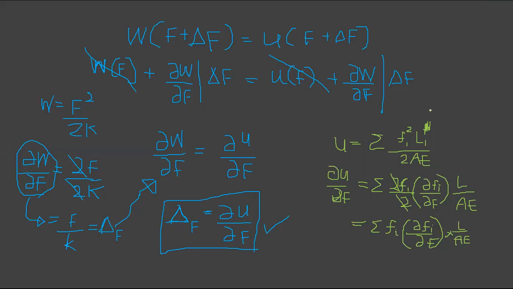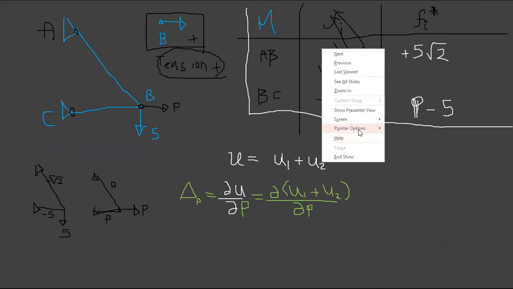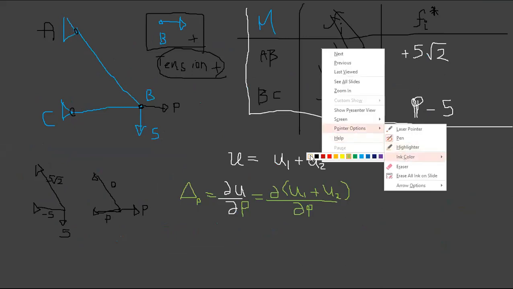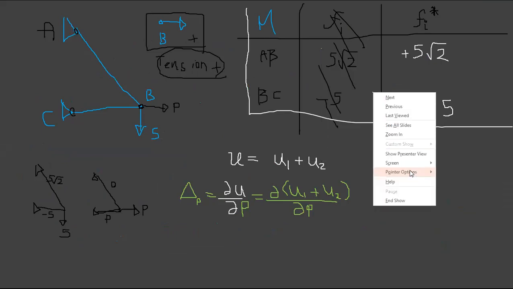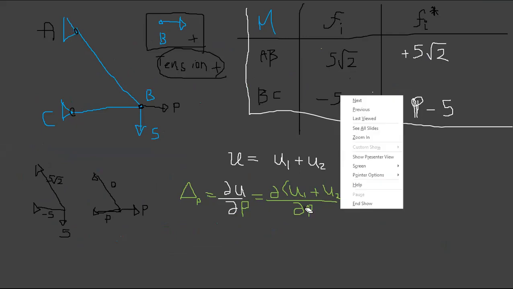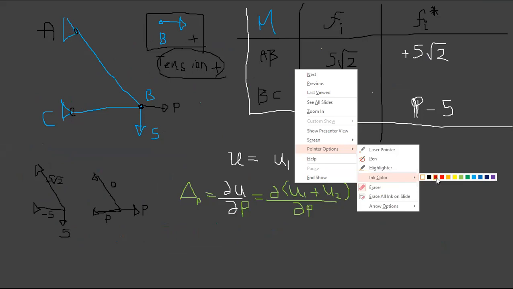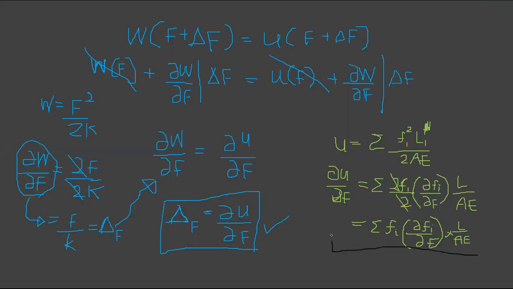So I'll write this again as F star, okay? So this is the original F. Right, this will be important when the table comes, right? So this U is a function of each member force, and you can derive an expression like this, right?